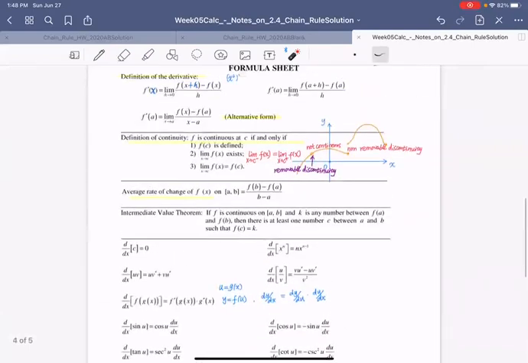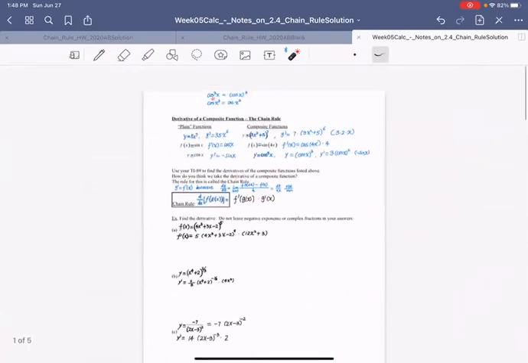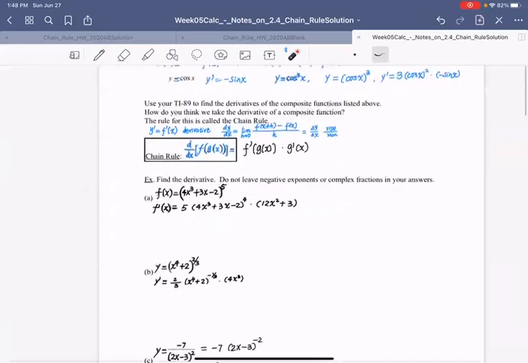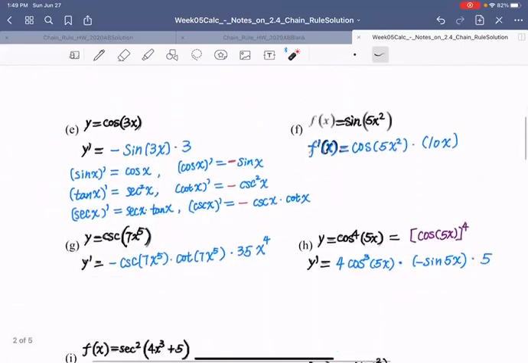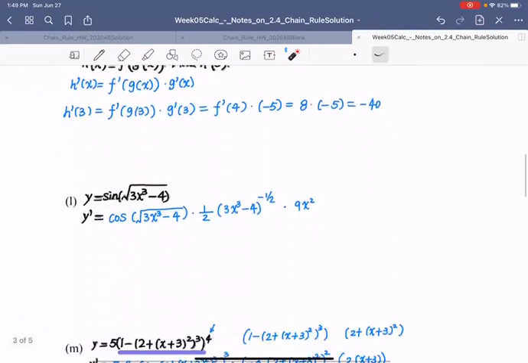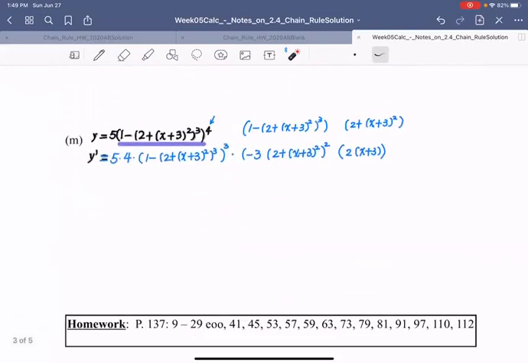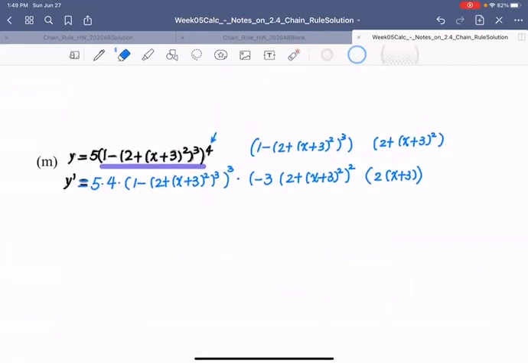Now, we are going to do some more complicated chain rule questions. I need to make sure every student masters the chain rule, okay? Clear. Let's choose an ugly one. Let's look at this one. This one looks really ugly.